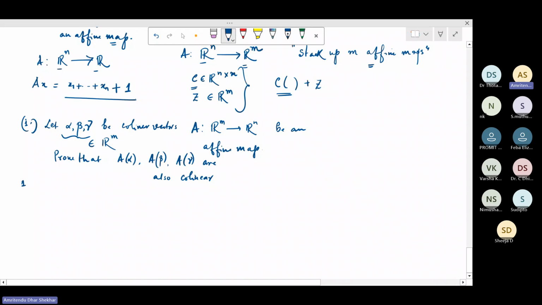Second problem: let S, a subset of Rm, be a convex set. Show that the image of this set under this map A, that is A of S, is also a convex set.